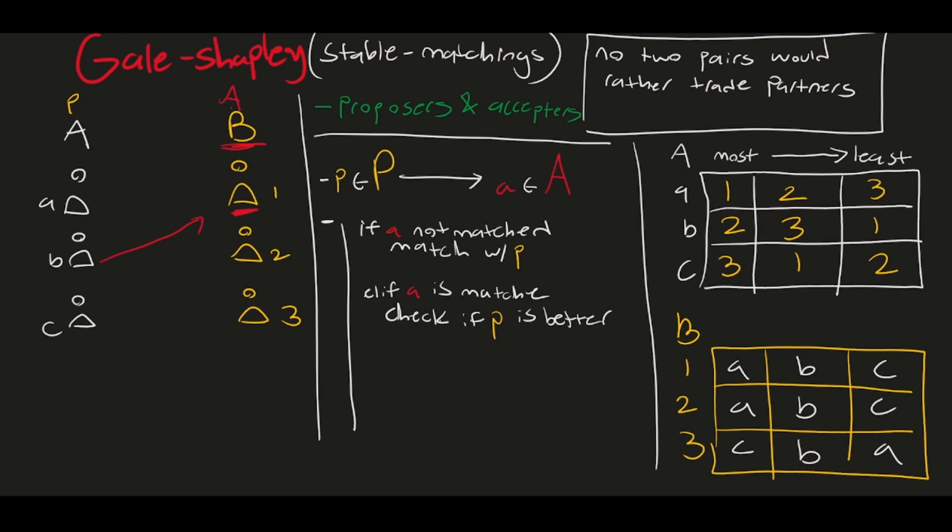Now, C goes through and picks whoever they want, and then it loops back over. So, in all, this entire algorithm runs while all big P are unmatched.